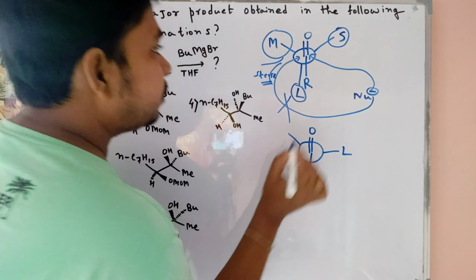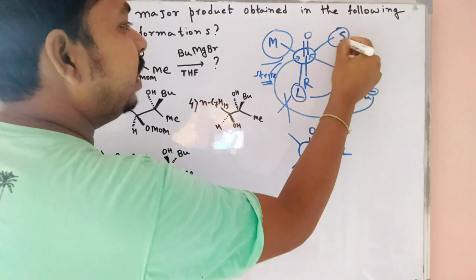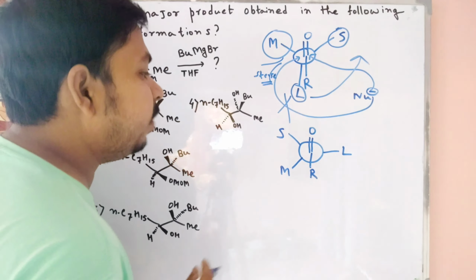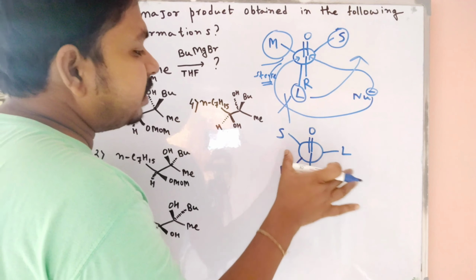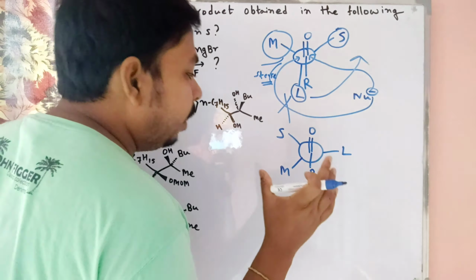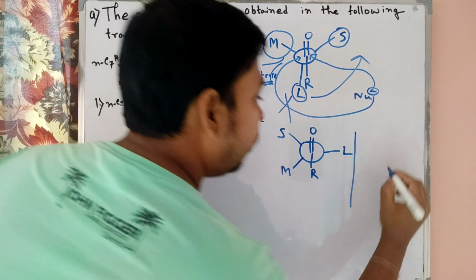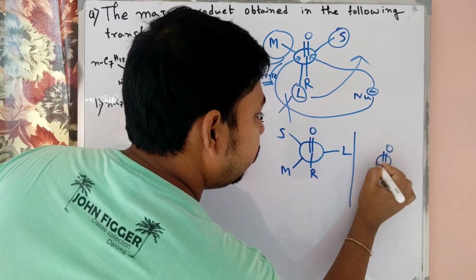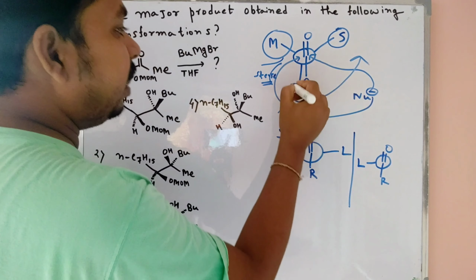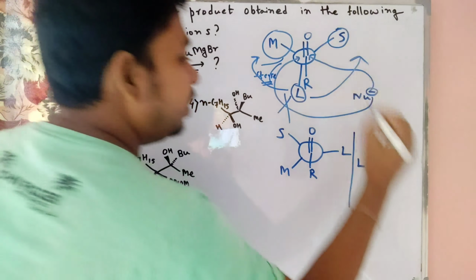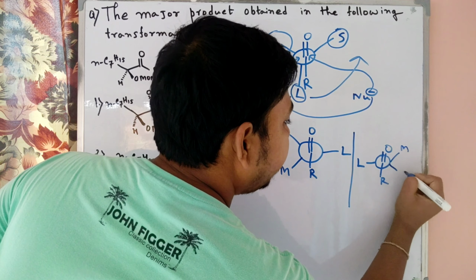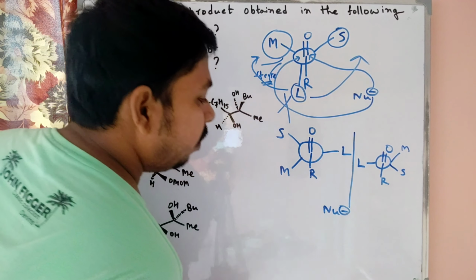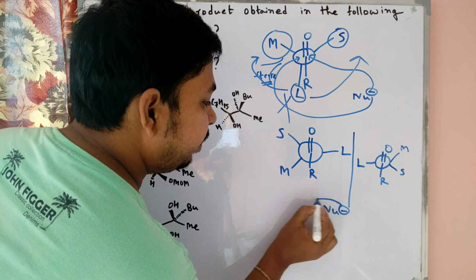When we rotate by 60 degrees, the large group is here, the small group here and the medium group here. We convert to this form or that form; you can choose any one. When the large group is here, the medium group is upward and the small group is downward, then nucleophilic attack occurs.